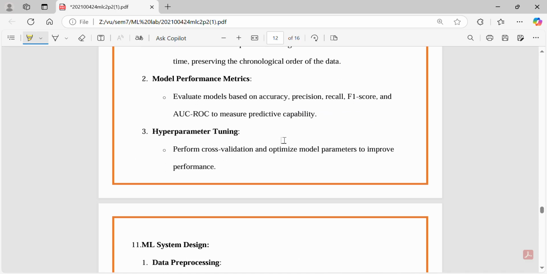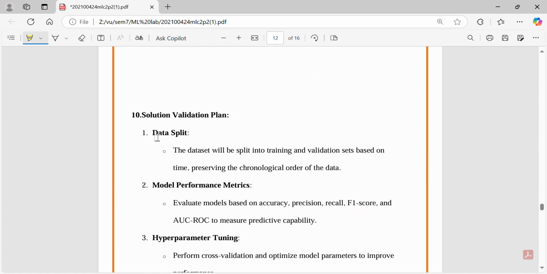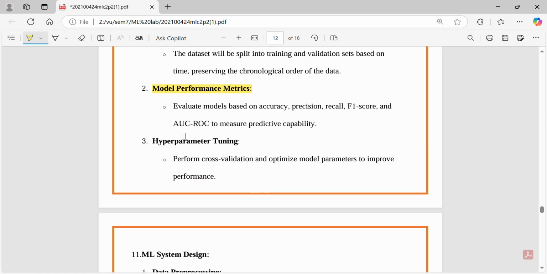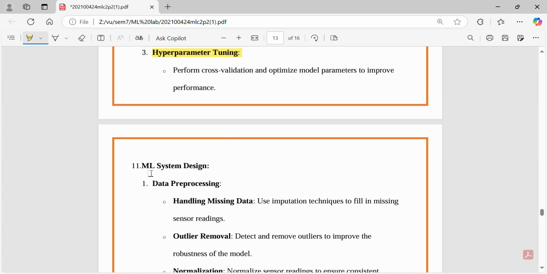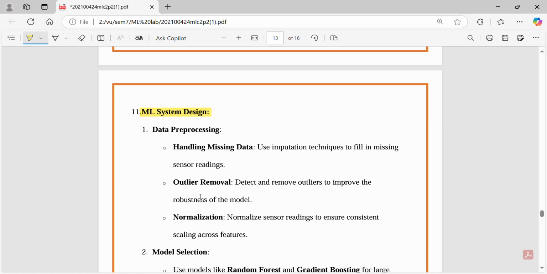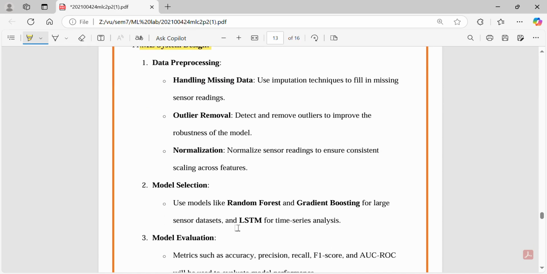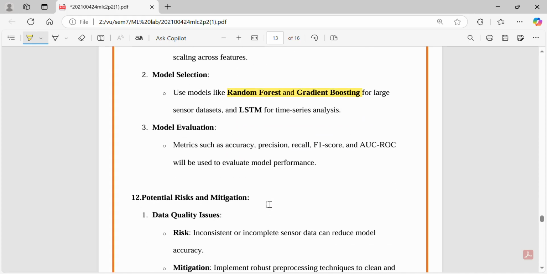In ML system design, in the solution plan we have to split the data, then define model performance metrics and hyperparameter tuning. We would cover the process of data pre-processing, which is handling missing data, outlier removal, and normalization. Then we would select random forest, gradient descent, and LSTM for the time series.